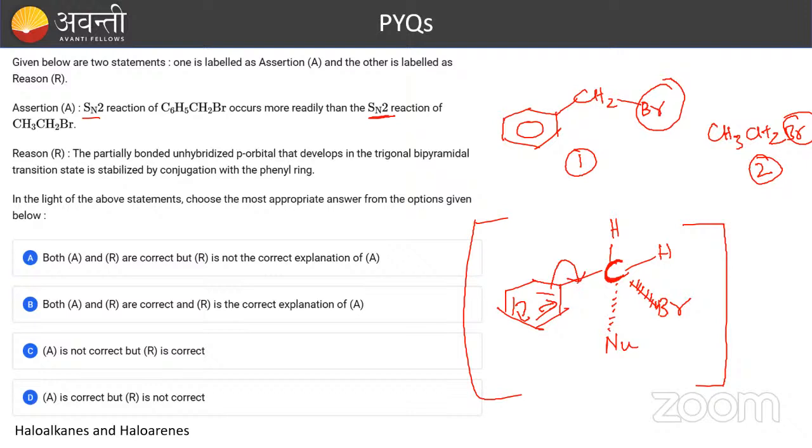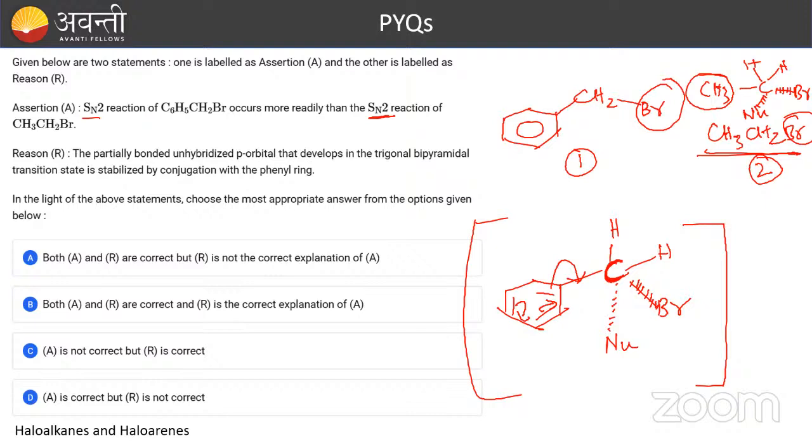If some delocalization or conjugation is present in the compound, then that will stabilize the compound. Such delocalization is not possible in the case of CH3CH2Br. If some nucleophile is coming here, this bond will try to form and this will try to break, but here I don't have any delocalization or conjugation.